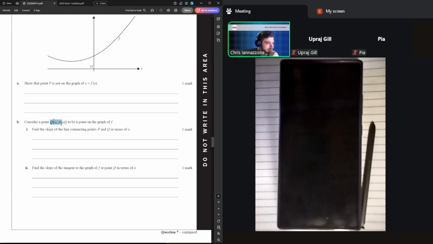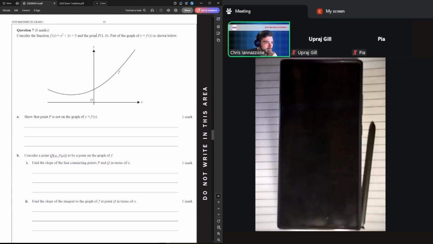Alright, here's a generic point that exists somewhere on the graph. Find the slope that connects P and Q. So remember P being the point (1, 0), and Q being somewhere on the graph of f. Generically figure out the slope between those 2 points.